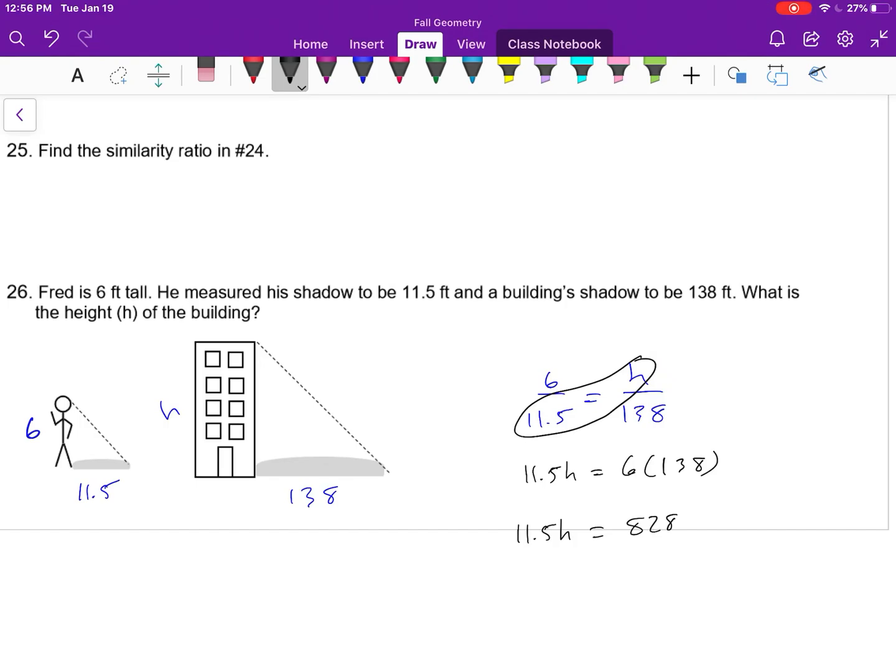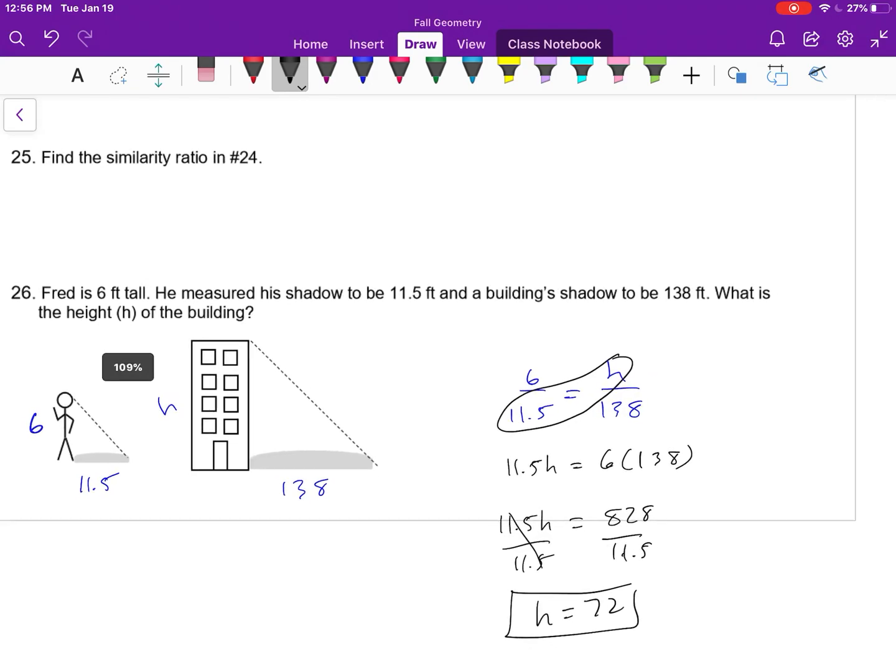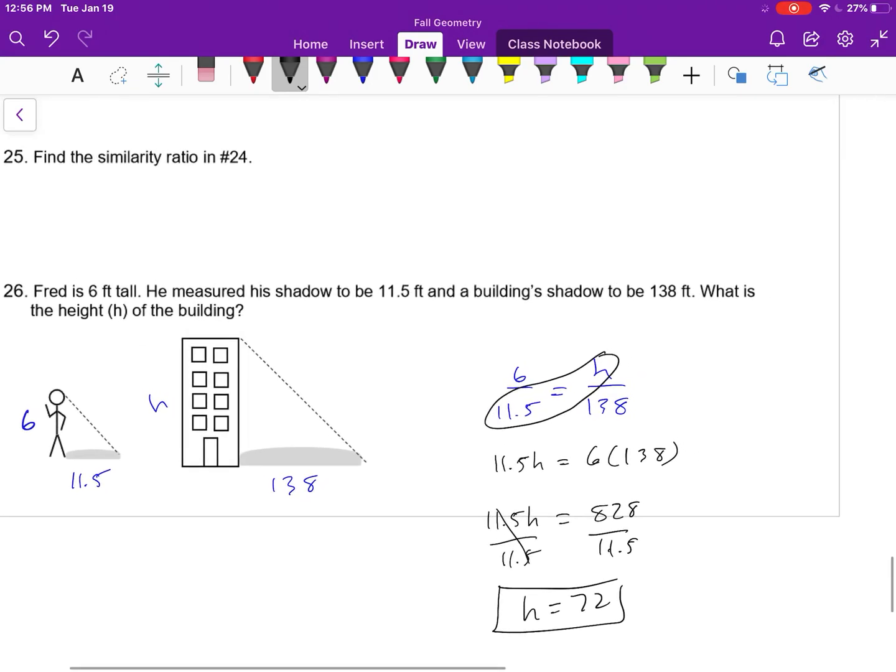So you simply divide by 11.5 on both sides. And then h is equal to 72. Okay, so there you go. That'll be 72 feet in this case.